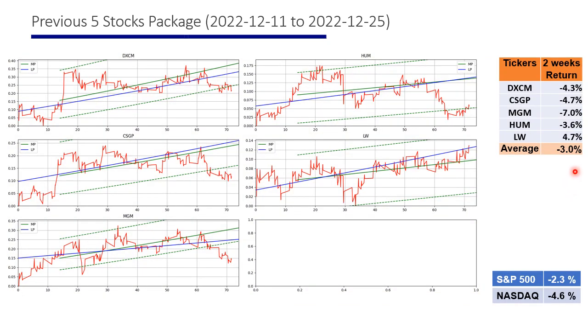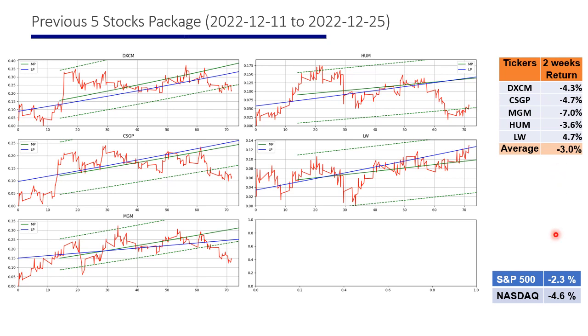These are now the returns of this package, the return of each individual stock in this package. As you see, the returns are changing between close to 5% and minus 7%. And the average of this package is minus 3%.